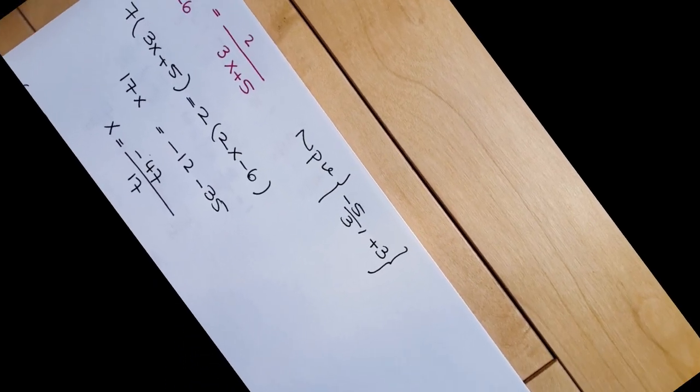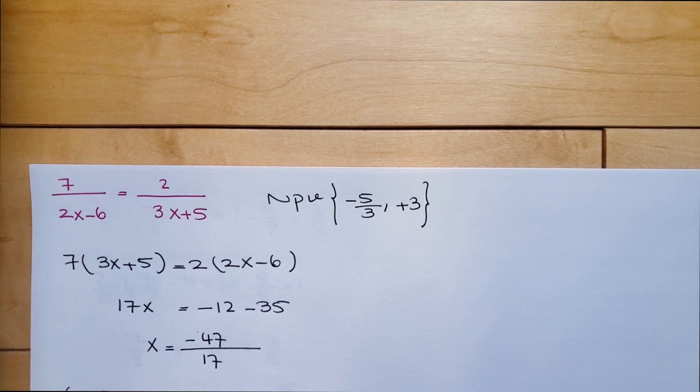Okay, let's continue with another rational equation. Here I have two fractions, one on either side of the equation. I start by finding the NPV values, which make the denominator 0. The first value would be 3. The second value would be -5/3. And then for the next step, I will do cross multiplication.